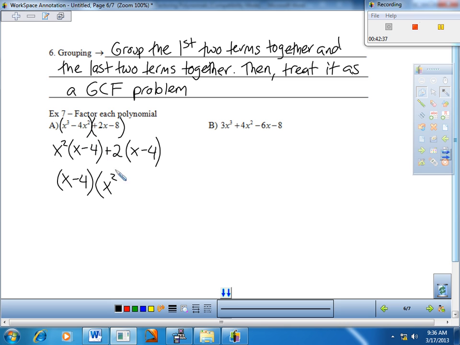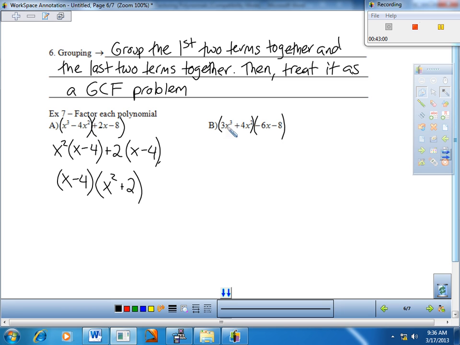Good. And then here's my plus. When the x minus 4 comes out of here, what's left? The 2. And there you go. I would look to go further, but this is linear. This is a quadratic that can't be factored.